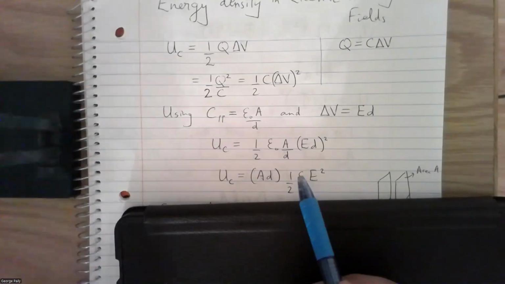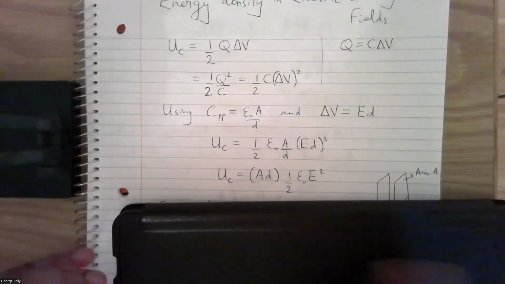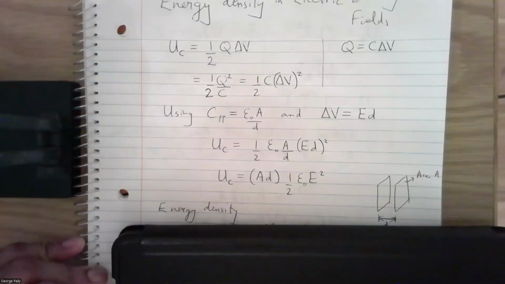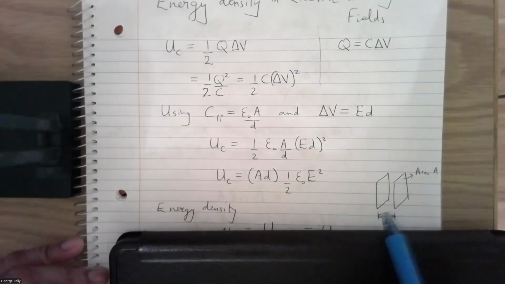But if we think of this as energy stored in the electric field, well, in a parallel plate capacitor, where you have, say, two plates, each of area A, separated by a distance D, we know that the electric field is non-zero only between the plates and is zero outside.